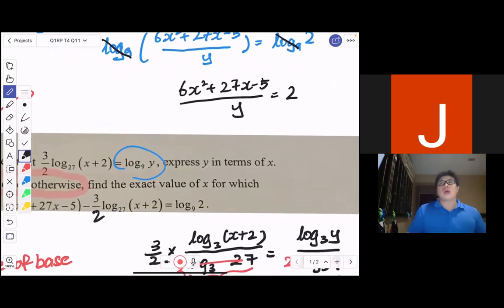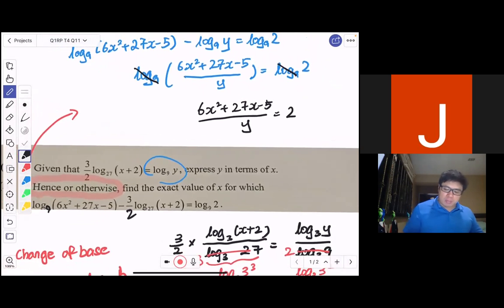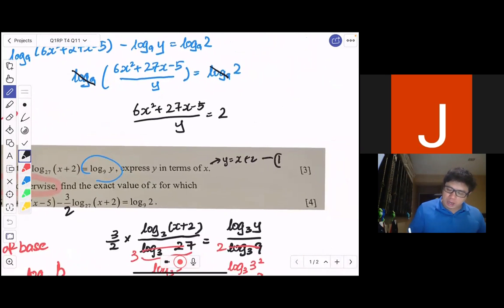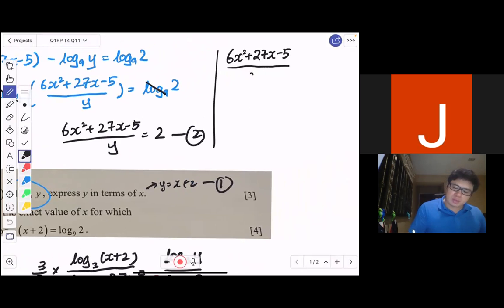And that's where I can bring in my equation from part 1, because from part 1, we know that y equals x plus 2. If I call this equation 1 and equation 2, you can easily solve them simultaneously. So I will substitute x plus 2 as y into my equation 2, and therefore 6x squared plus 27x minus 5 over x plus 2 equals 2.